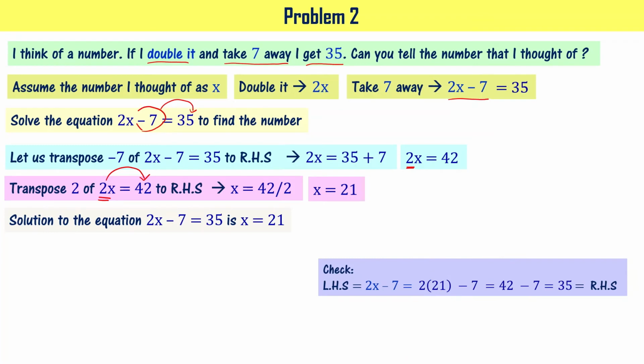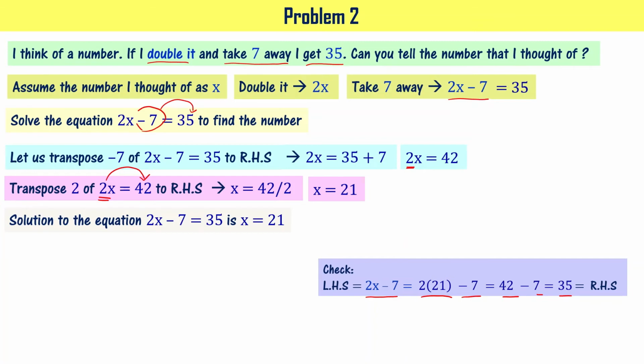Let's verify that. So let us take LHS of this given equation, that is 2x minus 7, and substitute x equal to 21 into this side of the equation. So that now can be written as 2 times 21 minus 7. 2 times 21 we know that is 42. When you subtract 7 from that, you're getting 35.